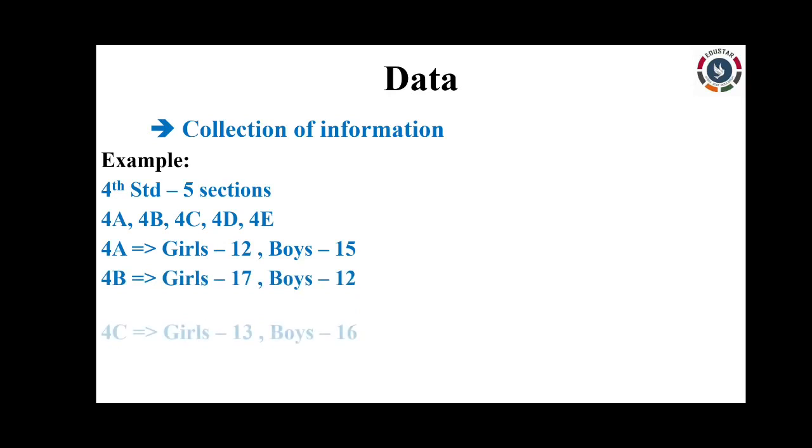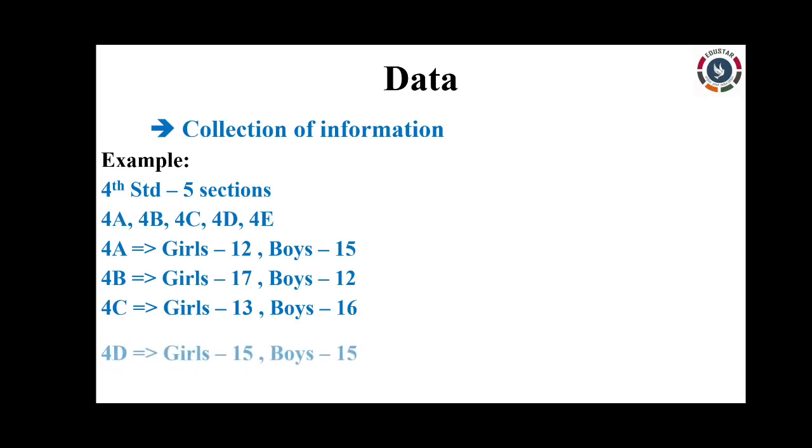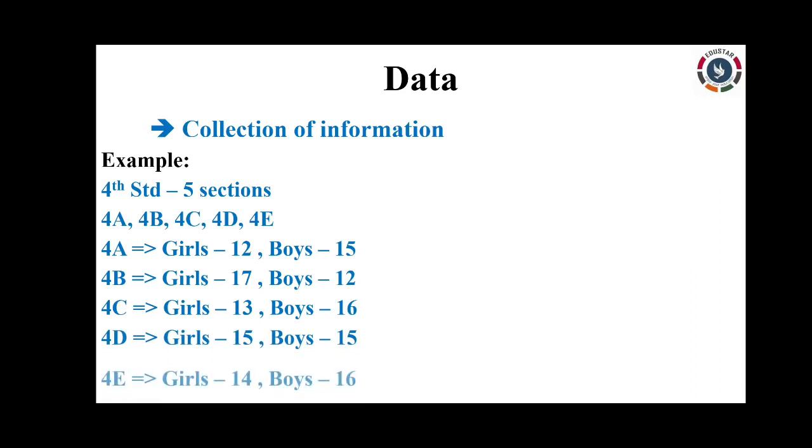C section, 13 girls and 16 boys. D section, 15 girls and 15 boys. E section, 14 girls and 16 boys. These are all the collection of information about 4th standard, or the data of 4th standard.